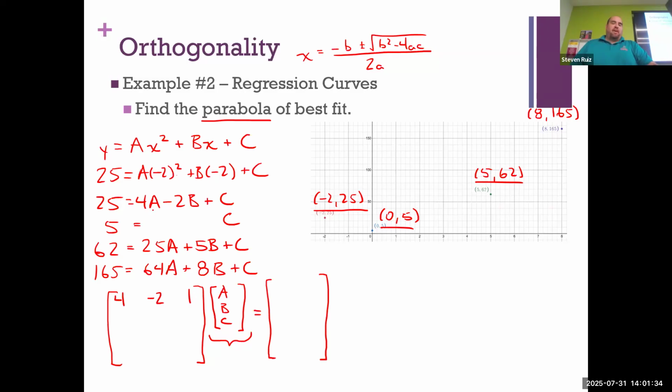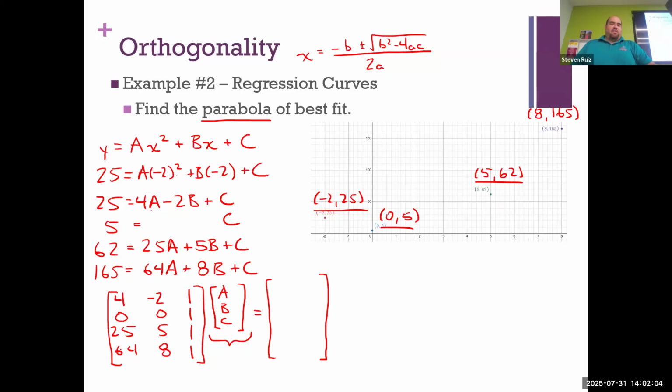So those are the coefficients of A, B, and C. Which means another good row is what? 0, 0, 1, 25, 5, 1, 64, 8, 1. So those are the coefficients of A, B, and C, those 4 rows.